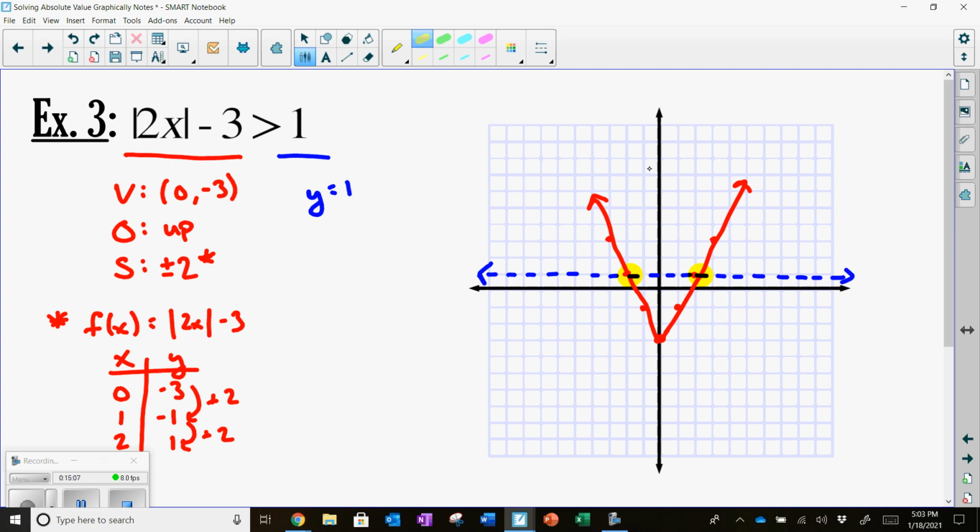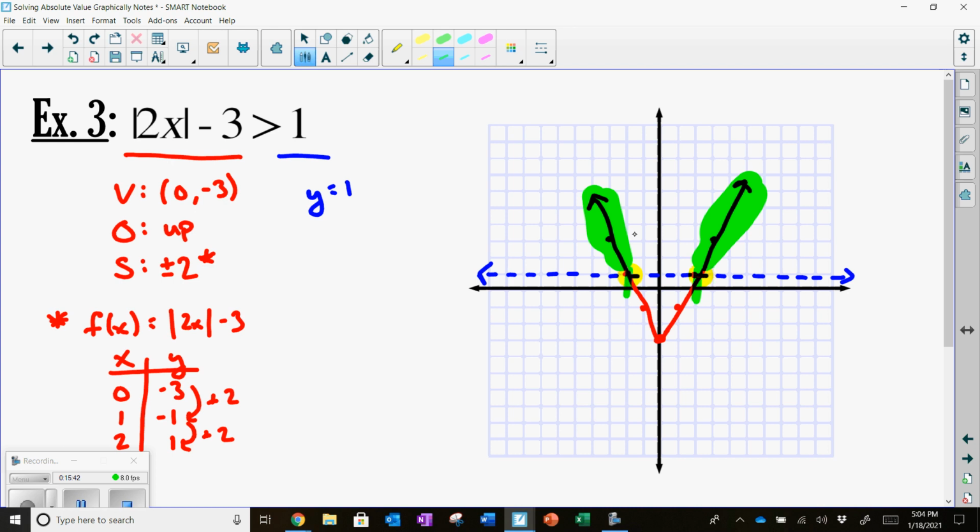But what is this question asking? When is the absolute value graph greater than the number one? It's really asking, where is the red graph above, because that's greater than, the blue line? Well, it's above it from here and here. You ready for this? It's going to get a little weird, but it's actually kind of cool. We go down to where that point of intersection is, and then take it down to the x-axis.